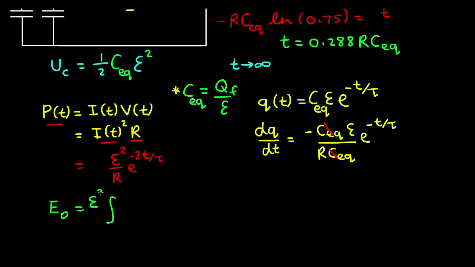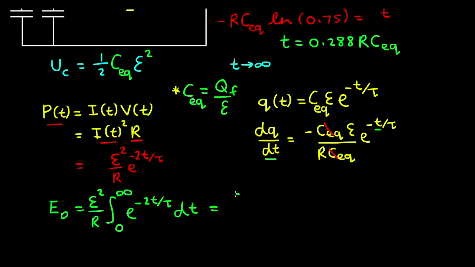So taking the constants outside the integral, we're integrating e to the minus 2t on tau over time. And recall that when the time approaches infinity, the current approaches 0. So we're going to integrate from time 0 to infinity.